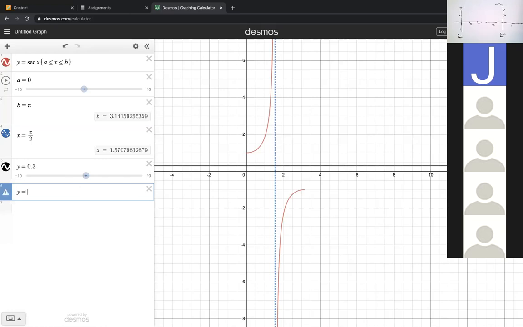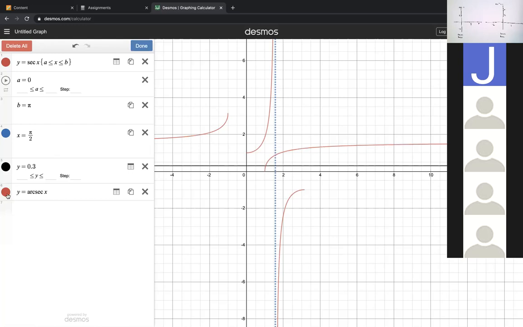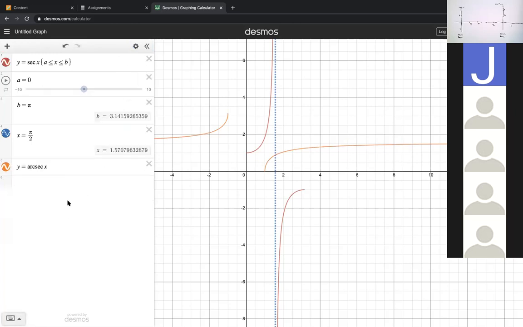Let's go ahead and graph that in. Arc secant. Let's get a different color for it for contrast. Get rid of that line, and then maybe put in y equals x so that we can see the symmetry.